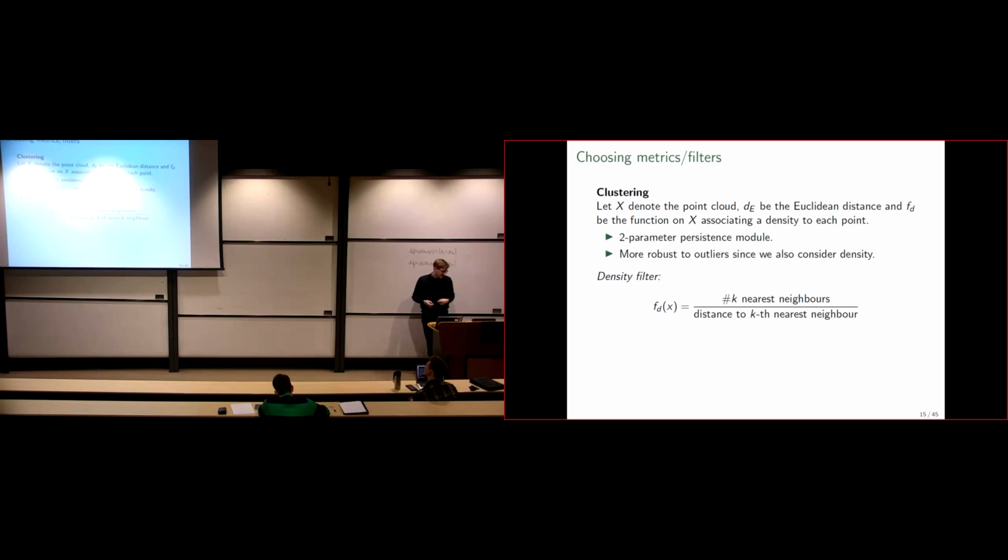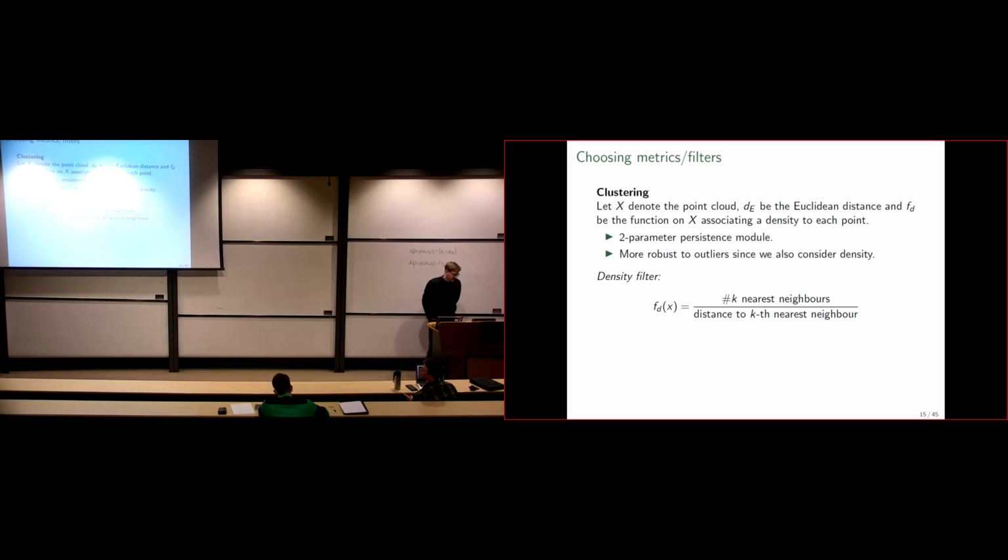Sorry, wouldn't the number of k nearest neighbors always be k? Yeah, so it's just k divided by the distance to that k-th nearest neighbor. Okay, the k-th neighbor. Yeah, just divided by the distance to that k-th nearest neighbor.